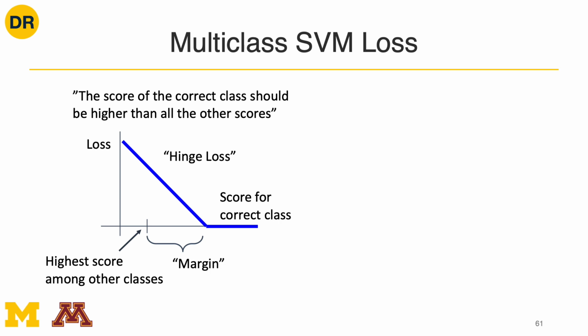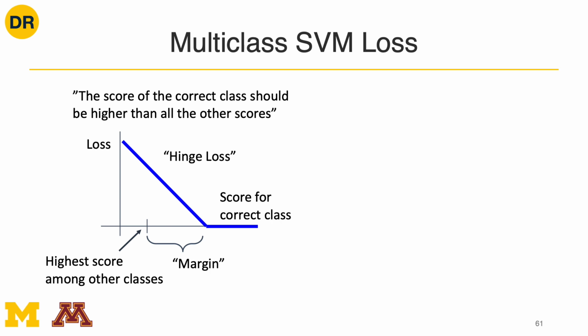The vertical gray line that's pointed to as the highest score among the other classes is, as that title suggests, for all of the incorrect classes, the max score produced by the model. And then the distance between that max score for the other classes and where the loss goes to 0, that's referred to as the margin.